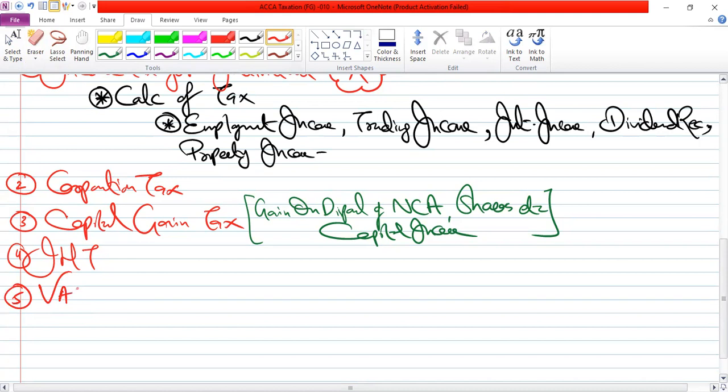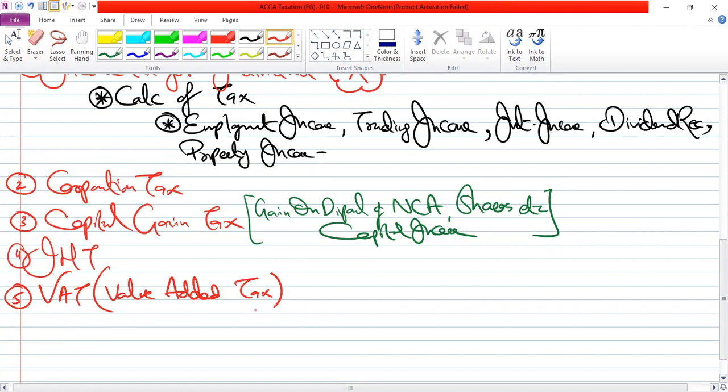Then the next one is value added tax, VAT. We are all suffering from VAT, whether in UAE, Pakistan, India, UK, everywhere. We suffer from VAT as final consumers. Whatever things we are buying, we have to pay a certain percent of general sales tax.